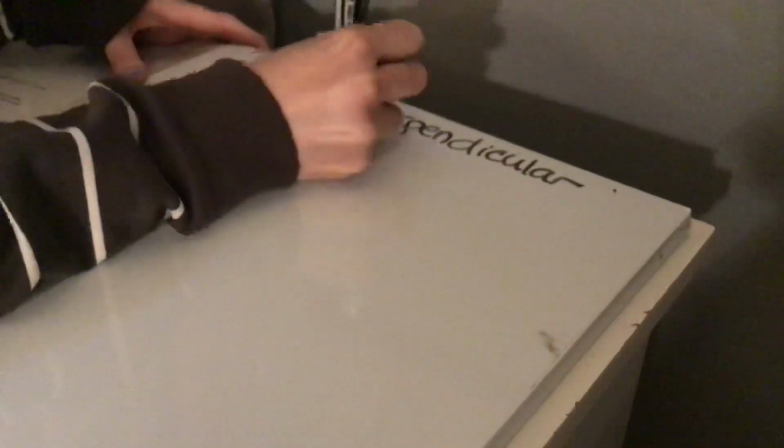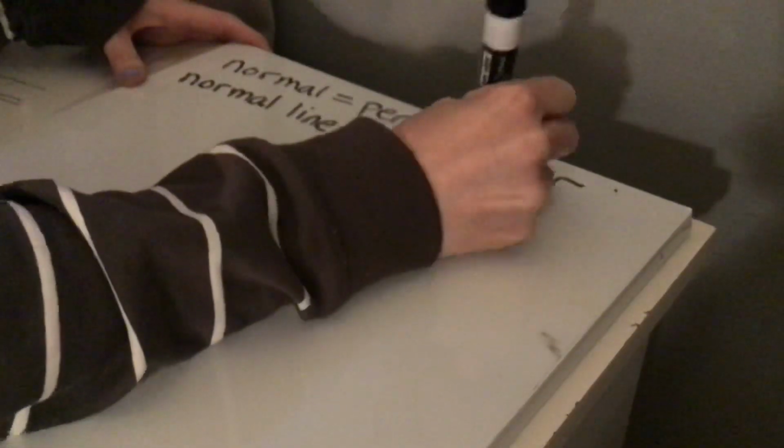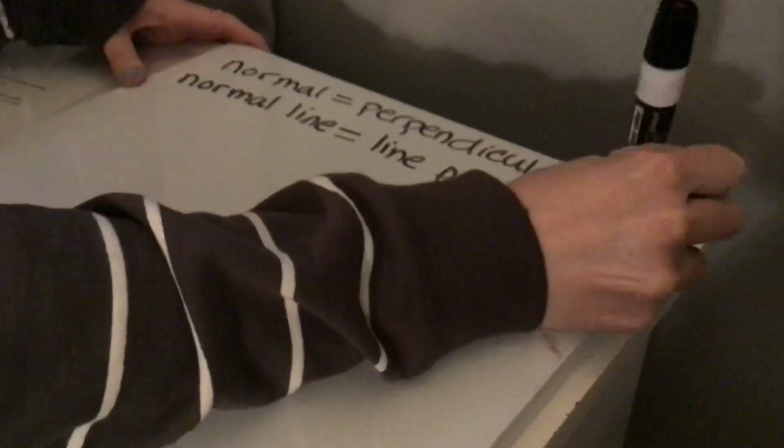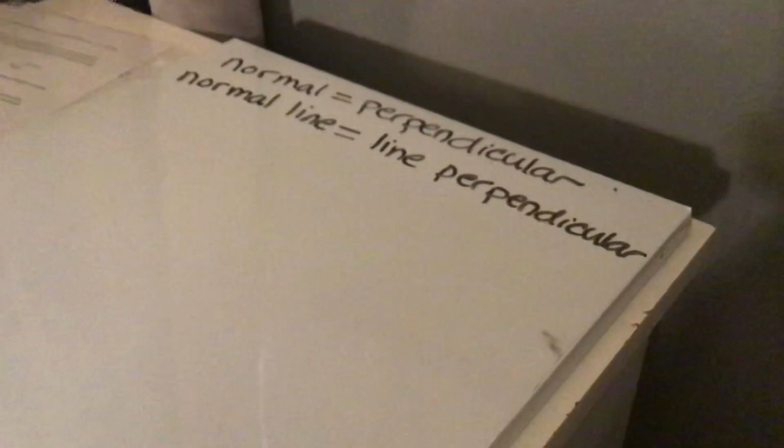So if we're asked to write the equation of a normal line, you're being asked to write the equation of a line perpendicular, because normal means perpendicular for us. We know that perpendicular lines have opposite reciprocal slopes.